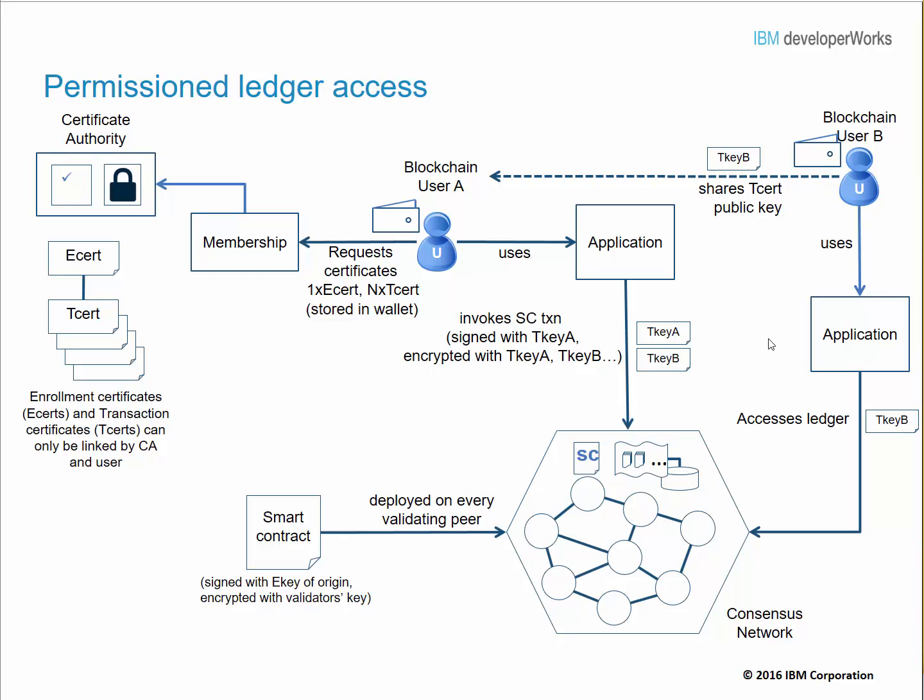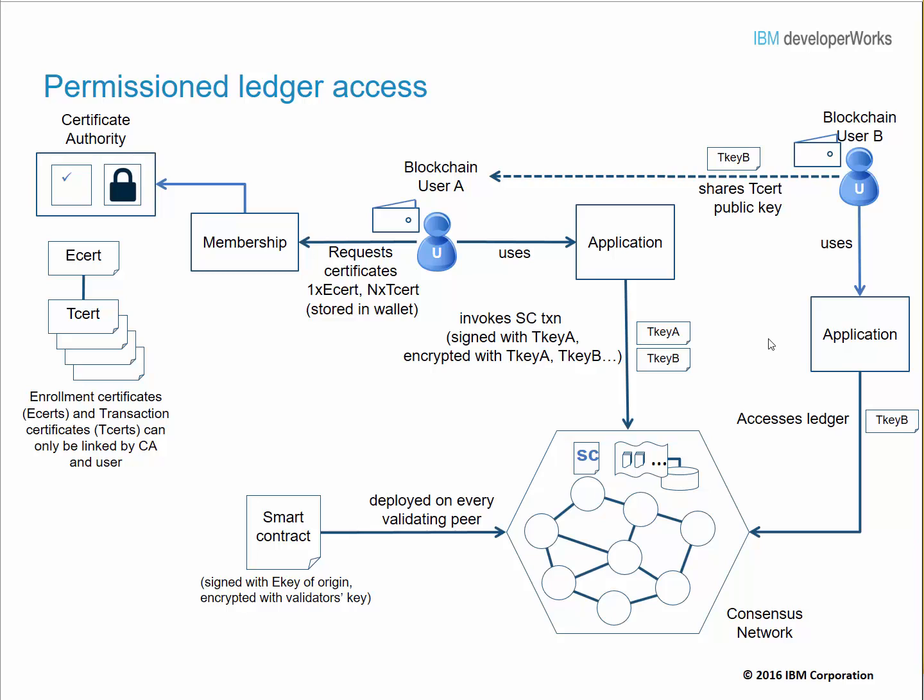When we normally think about cryptography, we think about two parties, one that has access to a public key, one that has access to a private key, and they can exchange information. Well, in threshold cryptography, it's the same concept but extended to many different participants. So if we look here, we can see that the smart contract is invoked.